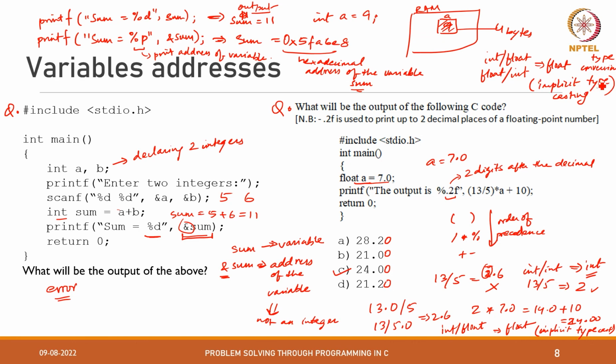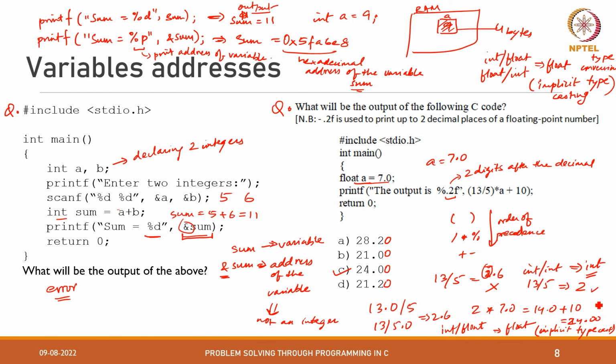You can remember it like this: float is a higher category of data type than int. So any operation between an int and a float will result in a float. Here, because we are operating between two ints, the value was also an int, which is 2.